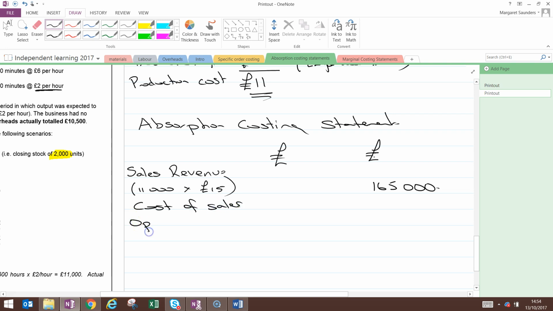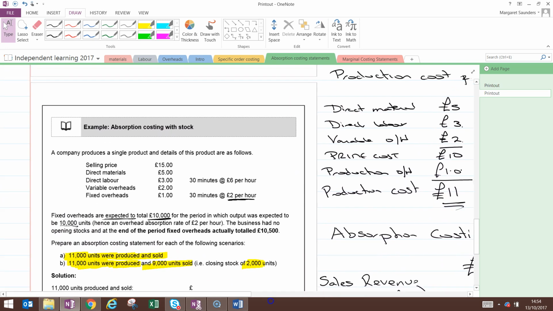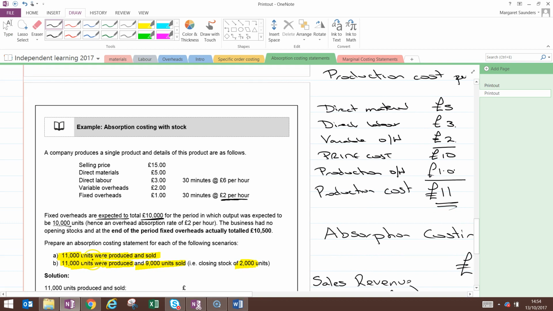So there is the opening stock, and there is no opening stock in this question. Then we add production. We're told that 11,000 units were produced and sold.